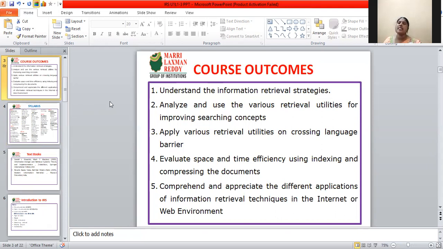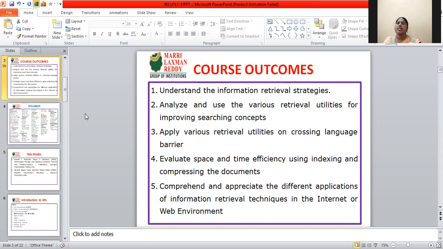Normalization is nothing but reducing the redundancy, and the functions of information retrieval, how to search the data, how to browse the data, and what structured, unstructured, and semi-structured data are. Here, what the relationship to the database management system is, what digital libraries are, and how to work in data warehouses. These things are understood in these information retrieval strategies.